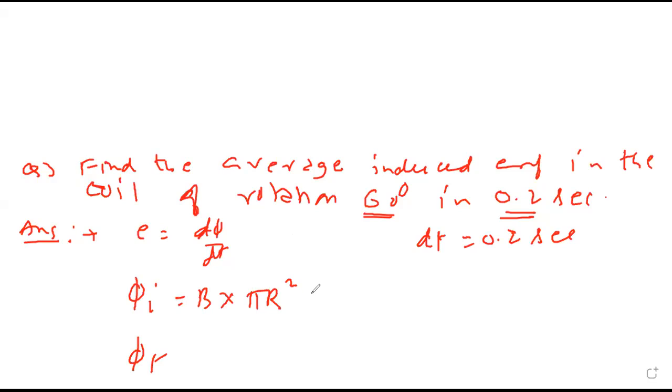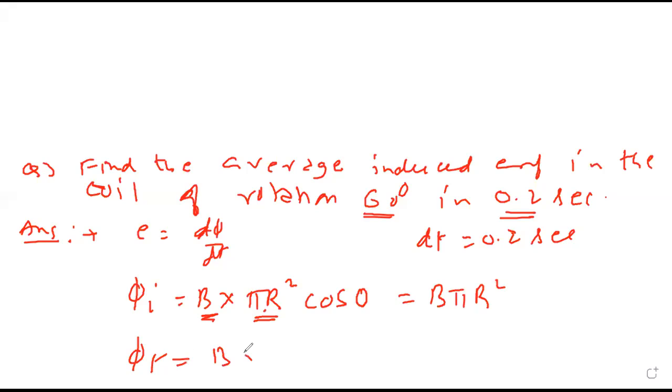Theta is the angle between normal and the field, that is, area vector and the field. Initially this angle is 0, because the area vector is perpendicular to the plane and the field is also perpendicular. So that will become B into pi r square.